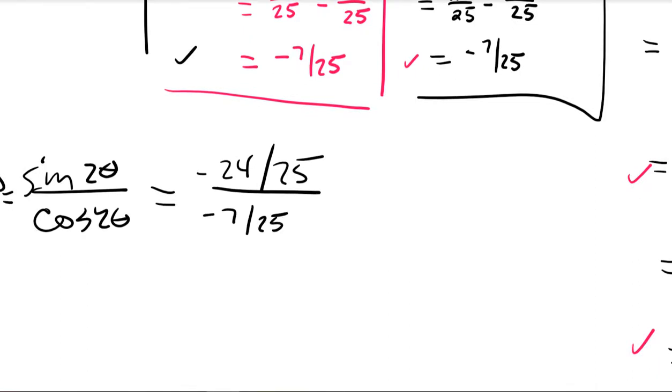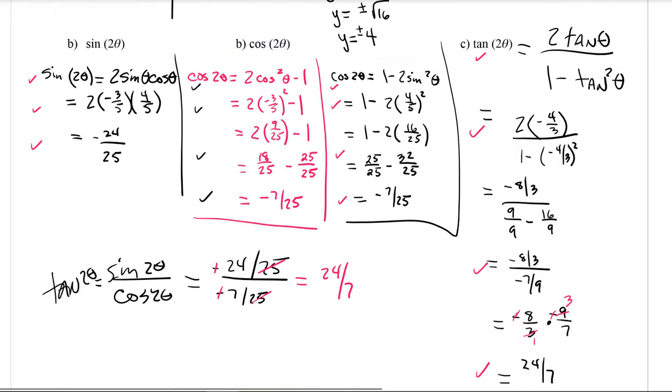The negatives cancel out, and the 25s cancel out because they're both in the denominators, and that gives us, again, 24/7. So there it is, all day, every day. You're showing your work and you're crushing this stuff. Pretty straightforward stuff.